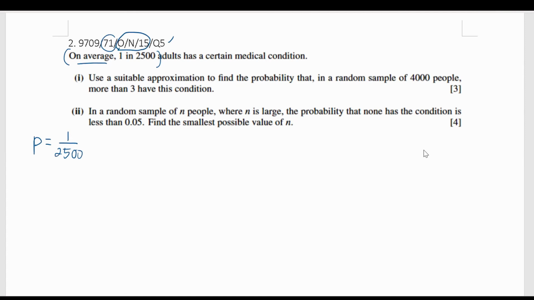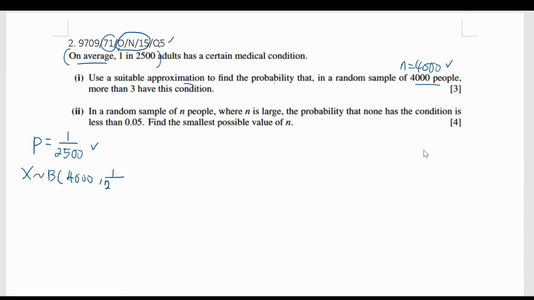Now part 1: use a suitable approximation to find the probability that in a random sample of 4,000 people, so n is 4,000, you have constant probability and independent trials. So we are looking at binomial distributions.